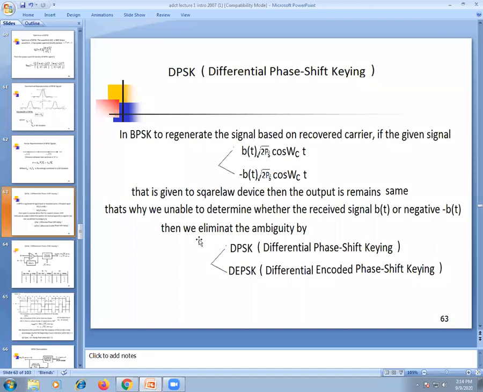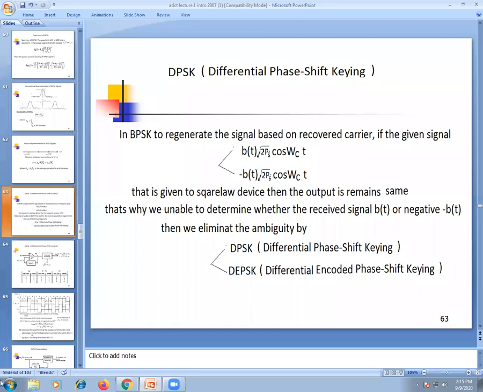So we identify the ambiguity in BPSK, and that ambiguity is eliminated by DPSK, differential phase shift keying.